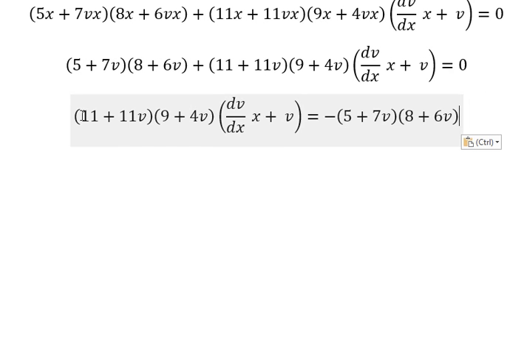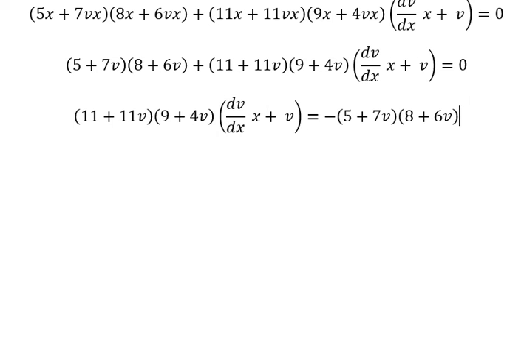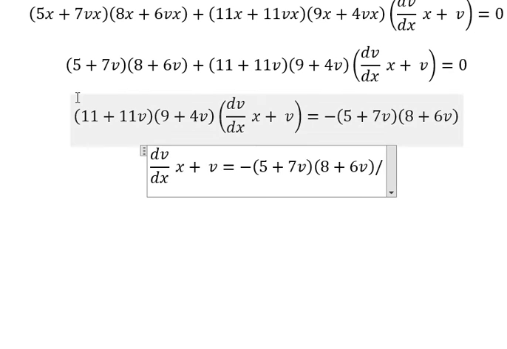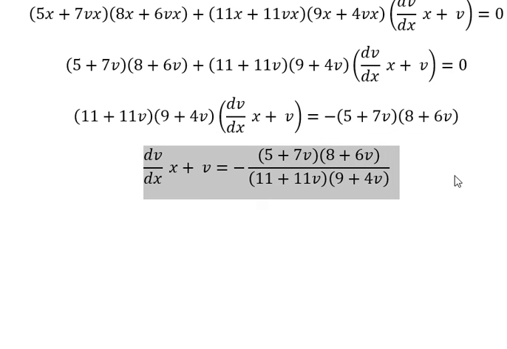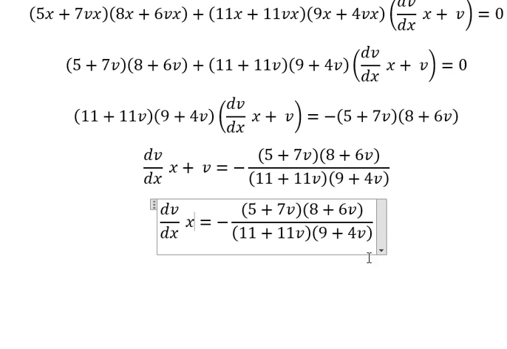Next, we divide both sides by this one. Next, I will put v go to the right, and we have negative v.